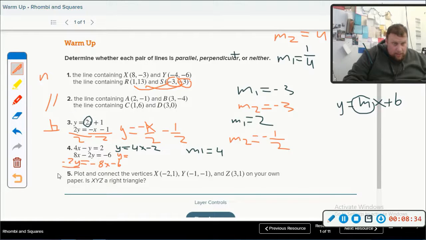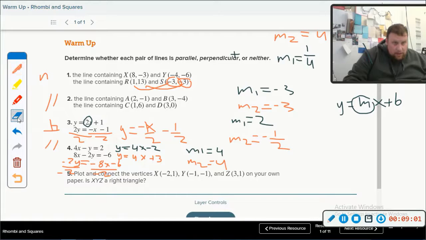And I'm going to divide both sides by negative 2. And I get that y equals negative 8 divided by negative 2 is positive 4x. And then negative 6 divided by negative 2 is positive 3. So my m2 equals 4. Ooh, hey, these are parallel.